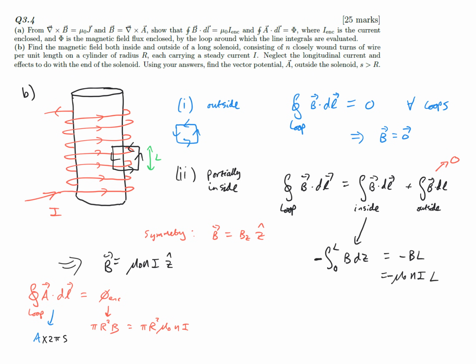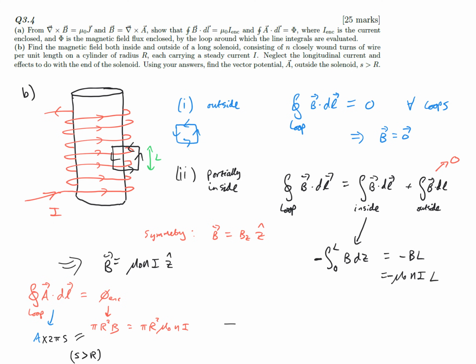And as long as s is greater than capital R, it will enclose the entire field flux, which I've written on the right-hand side. And this is what we want, because we want to know what the vector potential is outside the solenoid. So here we've assumed that s is greater than R. And on the right-hand side, we have the entire field flux enclosed by this loop.